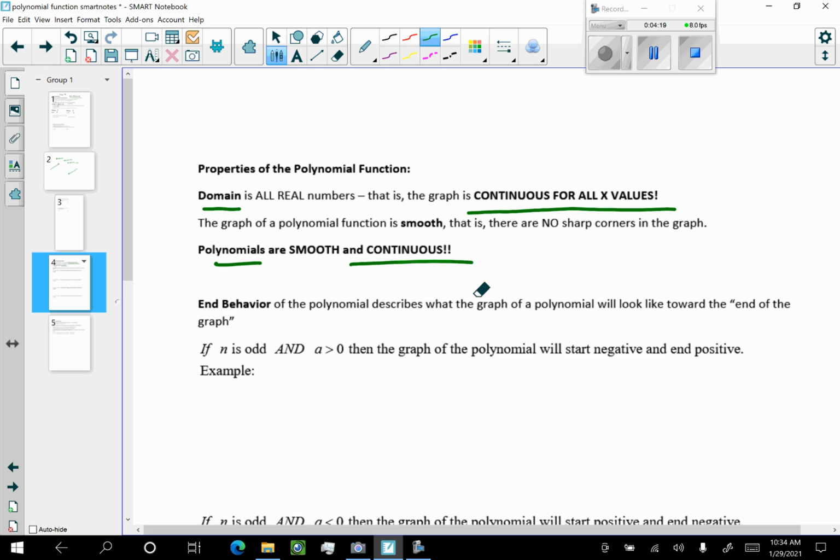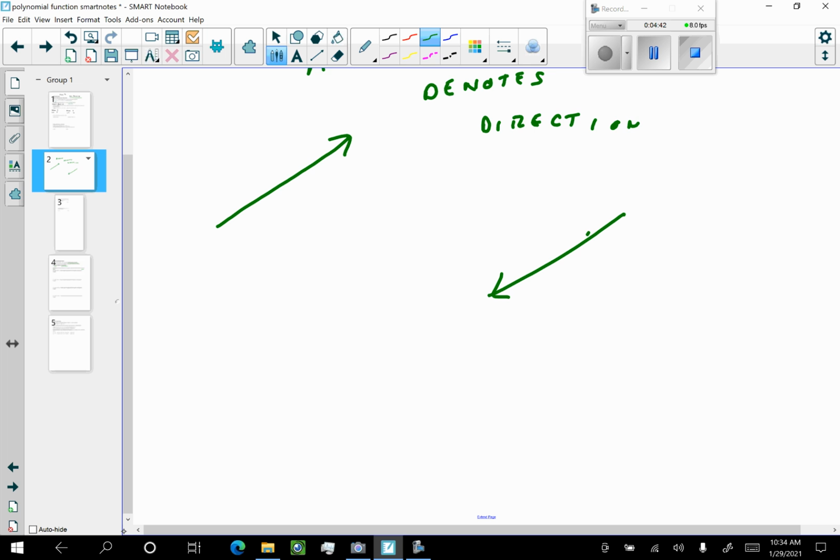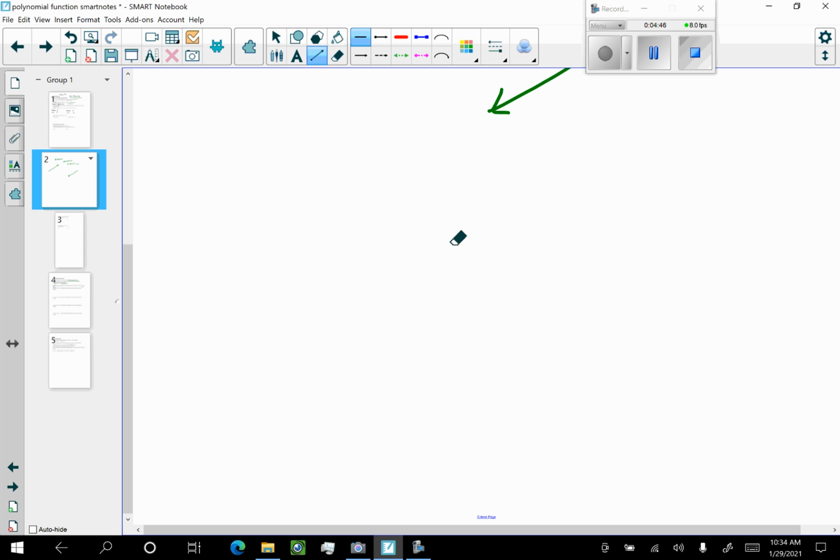And so the end behavior of the polynomial describes what the graph of the polynomial will look like towards the end of the graph. What do you mean, Mr. Strauss? I don't understand what you mean by the graph. Well, I'm going to go back to this page and explain what I mean by the end of the graph. If I go back to a graph of something that I am familiar with, I'm going to extend my page.